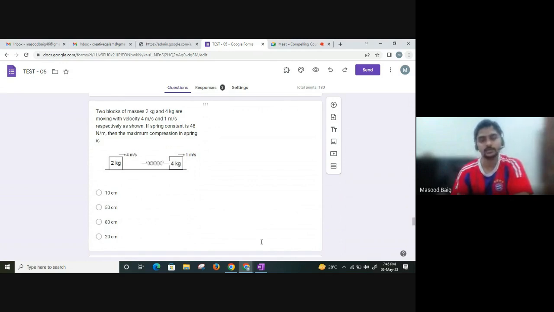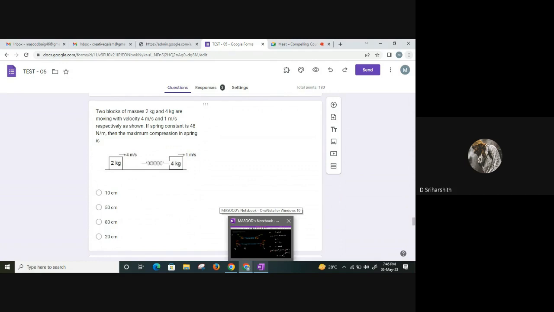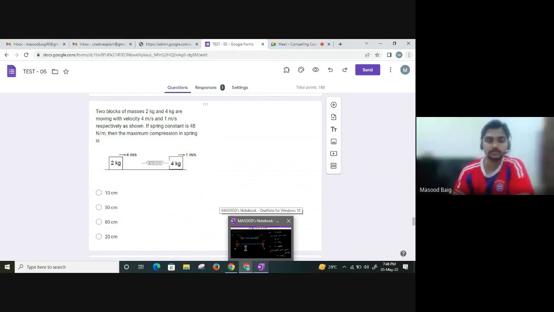Finally, for maximum compression, both should be moving with the same velocity. From there, you find the common velocity and apply the same approach. Understood? Yes, sir. Momentum conservation, and whenever maximum deformation in the spring is asked, both of them will move with constant velocity.